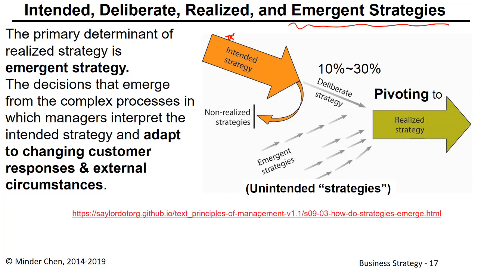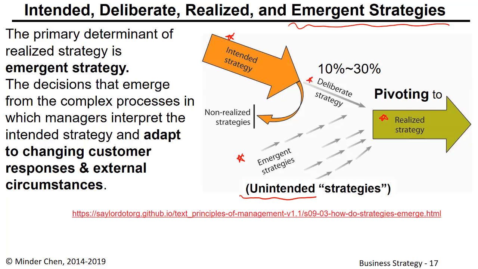However, based on a lot of real-world cases, Henry Mintzberg, a professor from a Canadian university, observed the phenomenon that a lot of strategy being realized in companies tends to be so-called emergent strategy, which did not come from the intended one, but somehow came from almost nowhere, which means sometimes they are the unintended consequence of the intended strategy, or came from something else totally out of the blue.